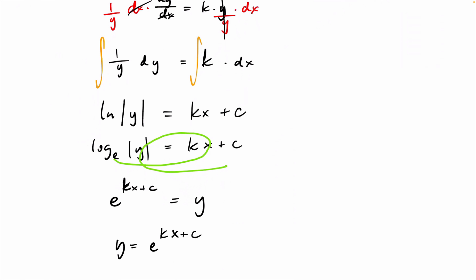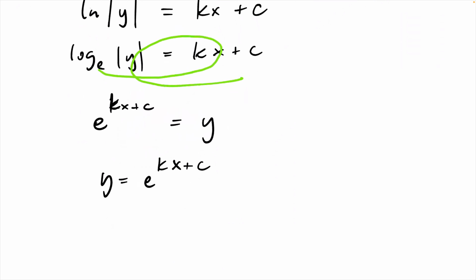So I'm going to change this, though. The reason I'm going to change it up a little bit is because one of these is a constant, because we had a constant to begin with, right? So you can rewrite this as this, right? That's exponent rules. This guy here is a constant. It's not a variable. This is a constant.